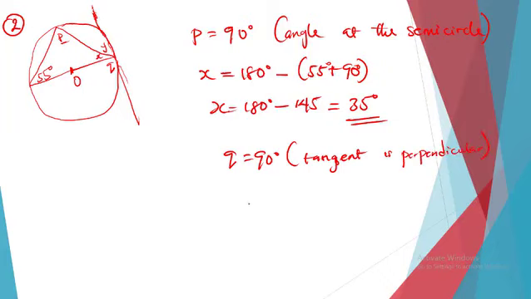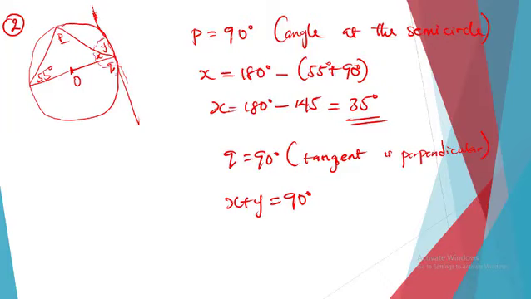Okay, so our Q is 90 degrees. Then we have X plus Y equal to 90 degrees, since the angle on a straight line is 180.